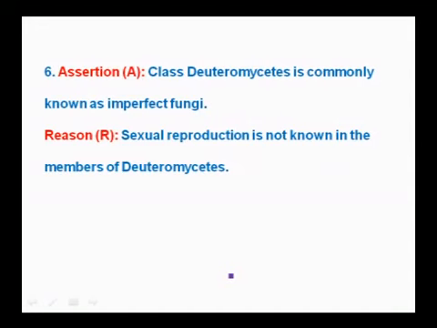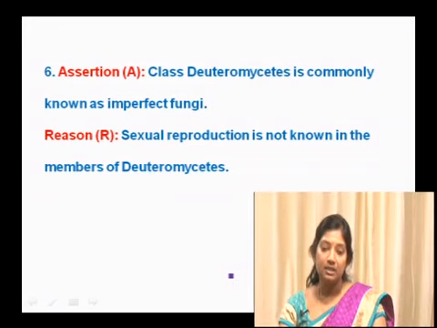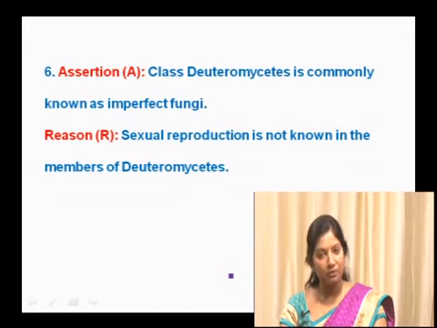Now students, before going to the options, let me tell you what Deuteromycetes actually are. This belongs to the kingdom Mycota or kingdom fungi. As you know, fungi are classified into different classes: Phycomycetes, Ascomycetes, Basidiomycetes and Deuteromycetes. The question is based on Deuteromycetes.